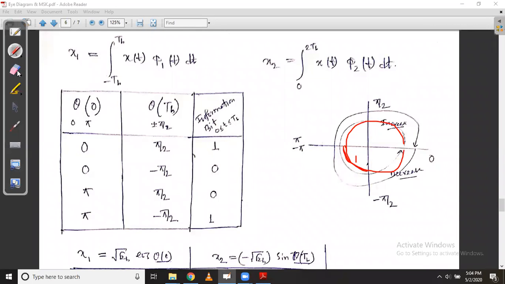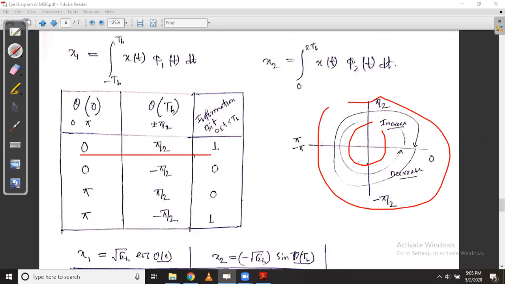So the inner circle gives you 1 and the outer circle gives you 0, if you consider it as a circle. The inner circle, whenever increasing, gives 1; whenever decreasing, 0. So from this diagram, we are getting these message information bits, or message points.